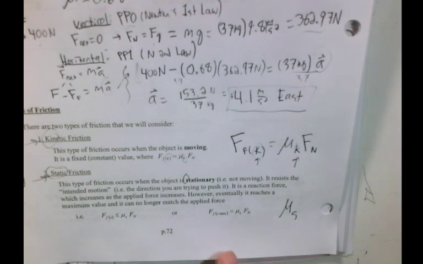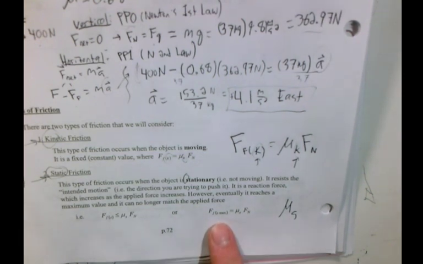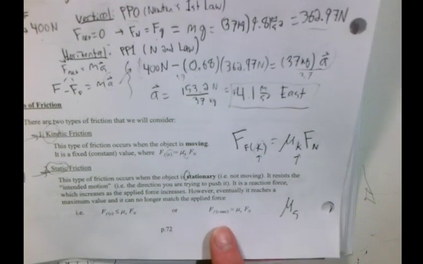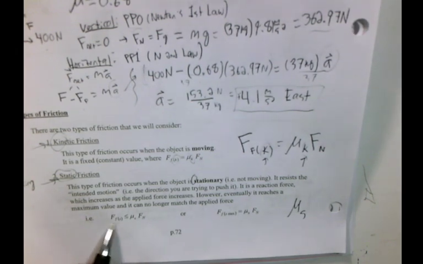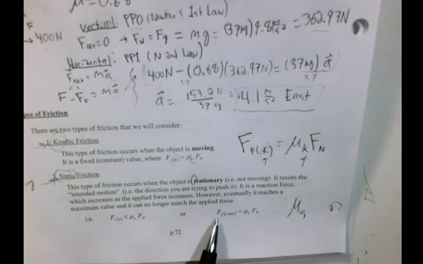Up until the point where we have our maximum friction force static, right? So we will have an increasing force of static friction up until our maximum point where it begins to move, and this is what the graph of that looks like.